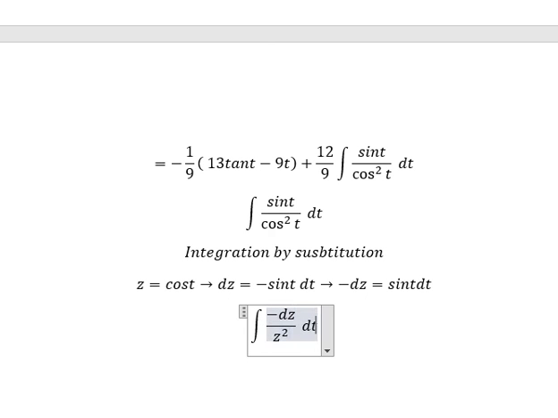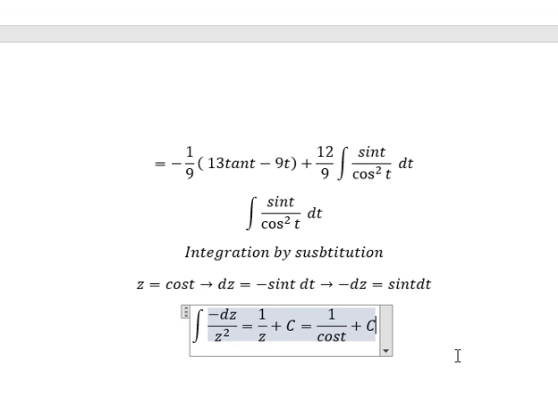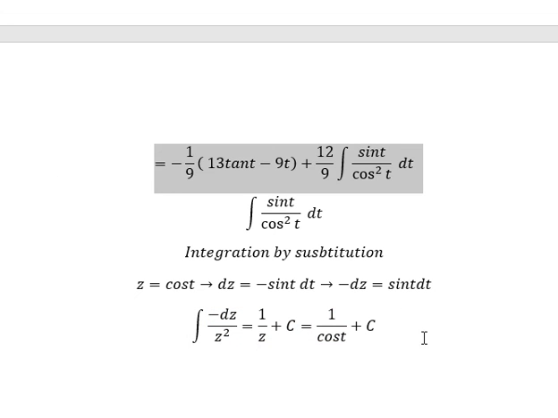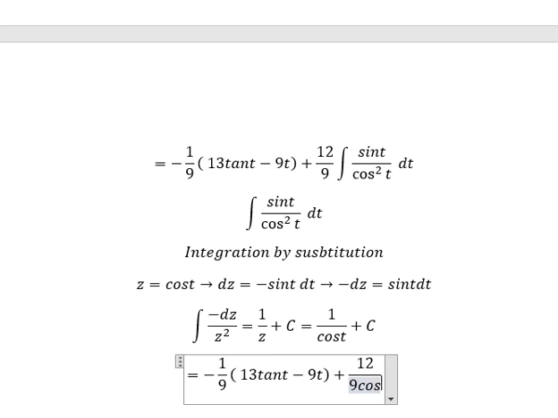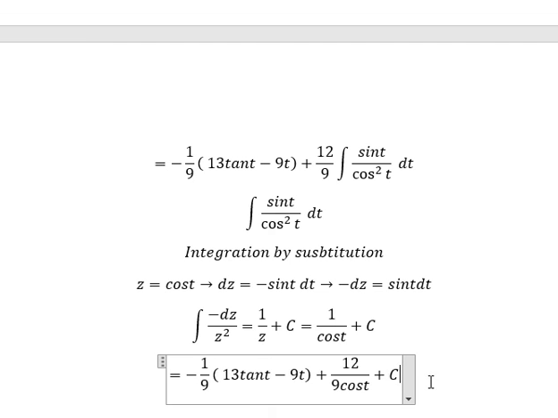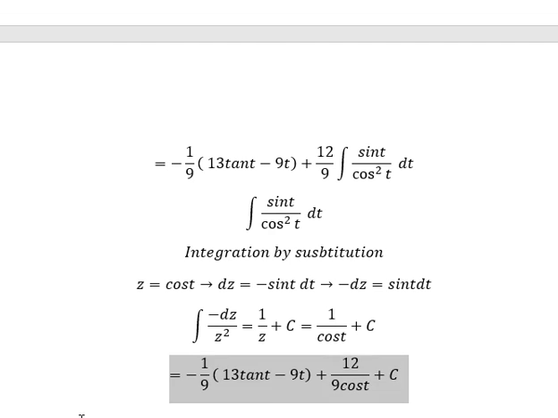The integration of this one, we have 1 over z, and we put c. About z, that's cosine t. So this integration is 1 over cosine t. And then we put c, that's the constant.